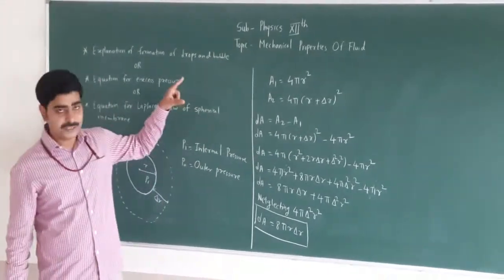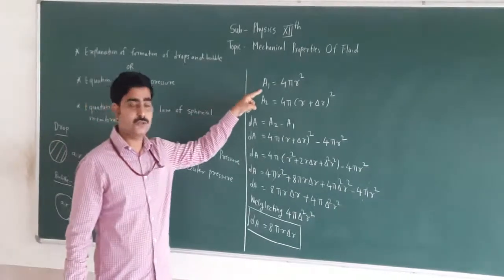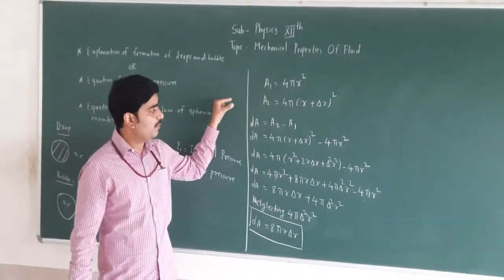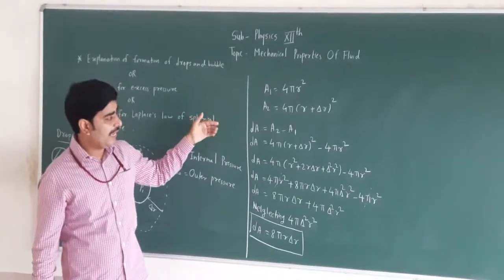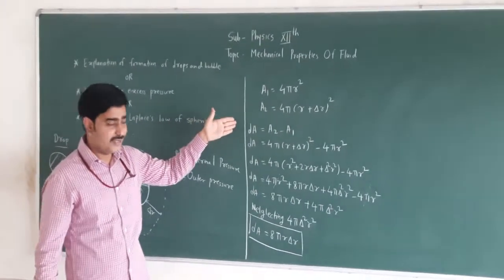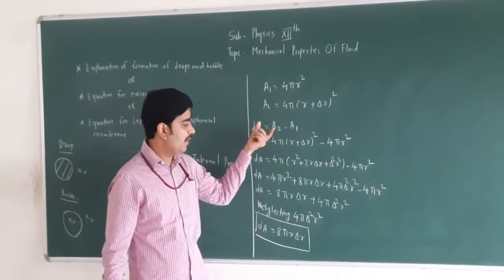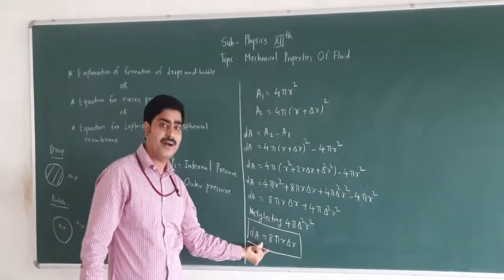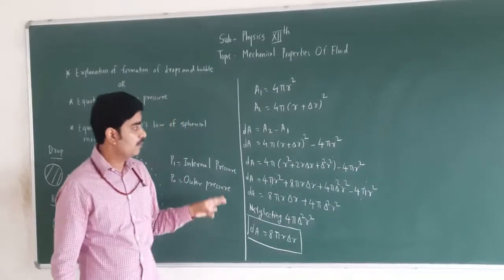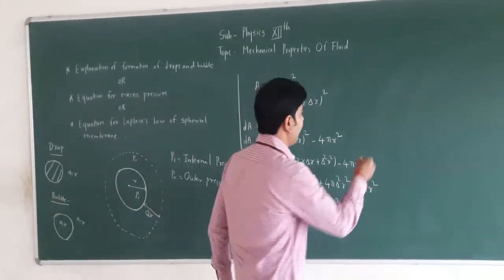Again I am going to explain this part. A1 is equal to 4 pi R square. A2 is equal to 4 pi (R plus delta R) square. dA, the increase in area, is nothing but A2 minus A1, and after solving this we get the final answer 8 pi R delta R. So this is the change in area.